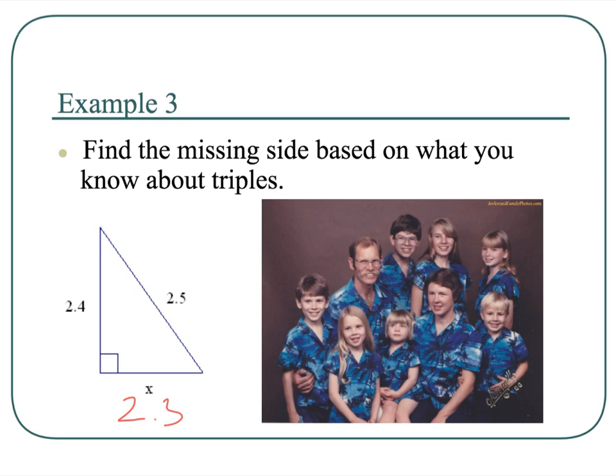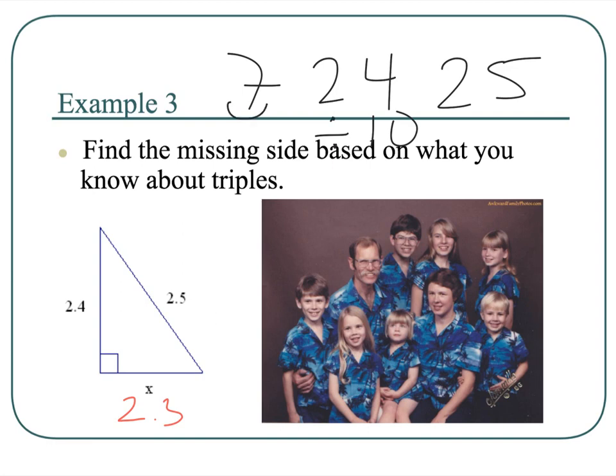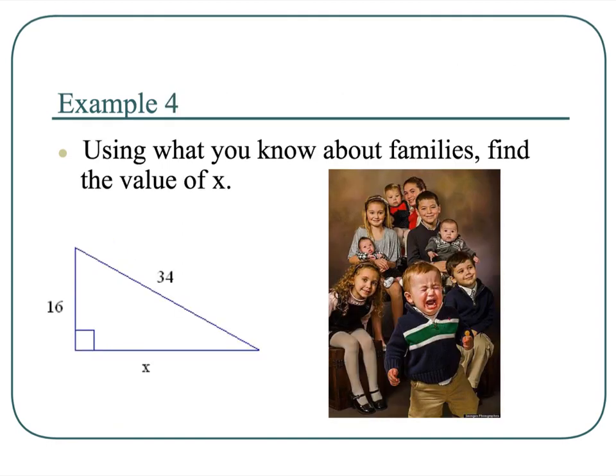This is actually a 7, 24, 25 triangle divided by 10. Okay? So if I were to move that decimal place on each one, boom, it is 0.7. Cool. So you got to be careful.